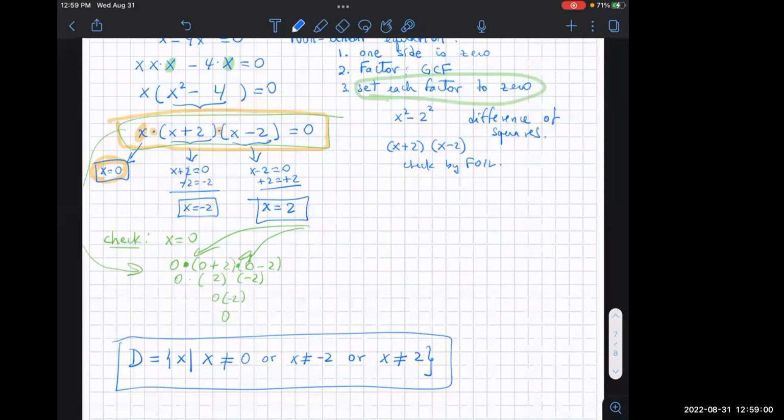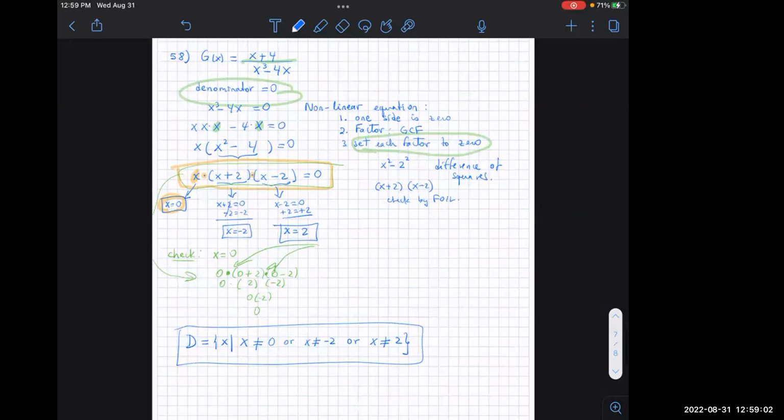Do we have to write the word or, or can we put them separated by commas? Yeah, you can separate by comma. So after x is not equal to 0, we could just put comma plus or minus 2, and that'd be correct.